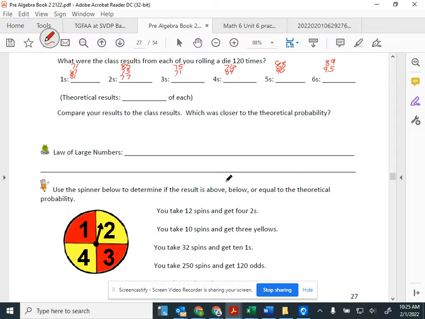Threes, 79. Fours, 81. Fives, 75. Sixes, 87. I have those. Okay, Paul, ones, 77. Twos, 72. Threes, 81. Fours, 106. Fives, 95.